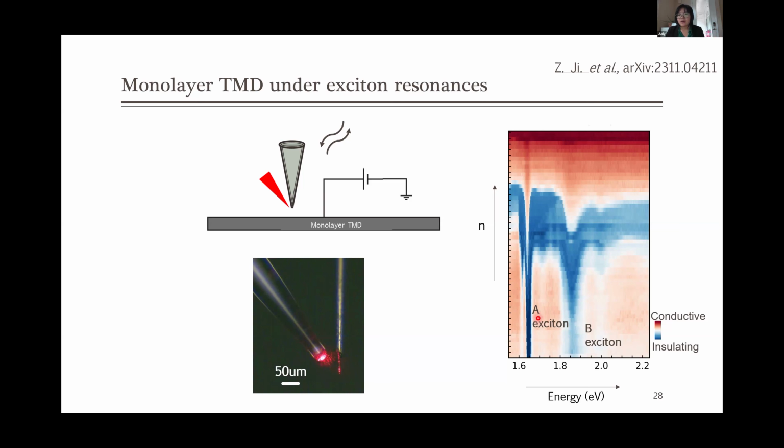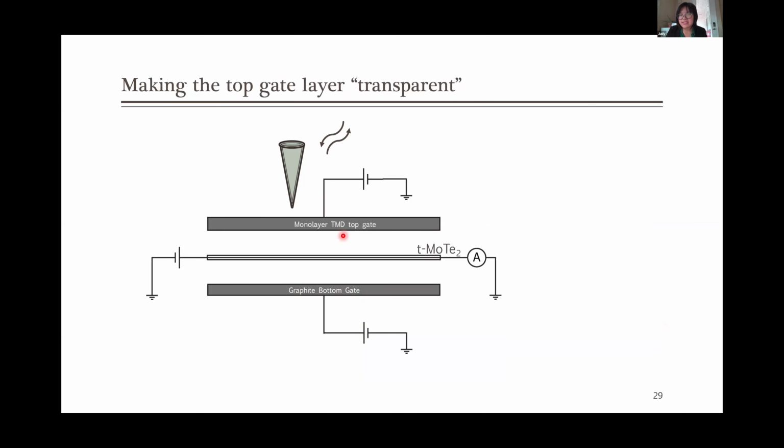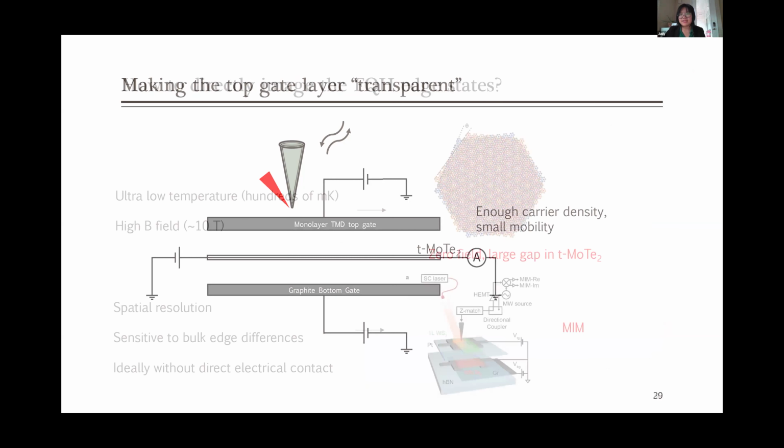That is to say, we can make this top gate out of a monolayer TMD material, and these materials can give us fancy transparent top gates with large transparency to microwaves. Upon doing that, we get enough carrier density to tune the sample, but still very small mobility.